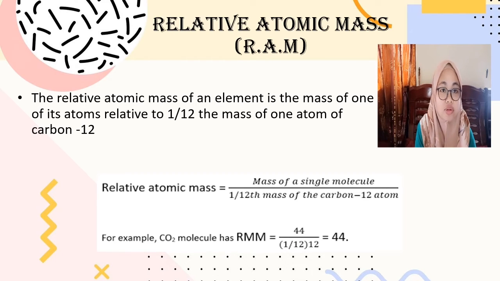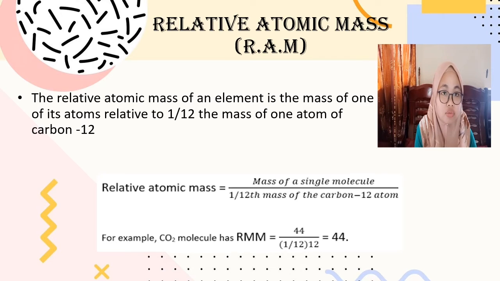You can use the formula: mass of one atom of the element divided by 1/12 times the mass of one carbon 12 atom.